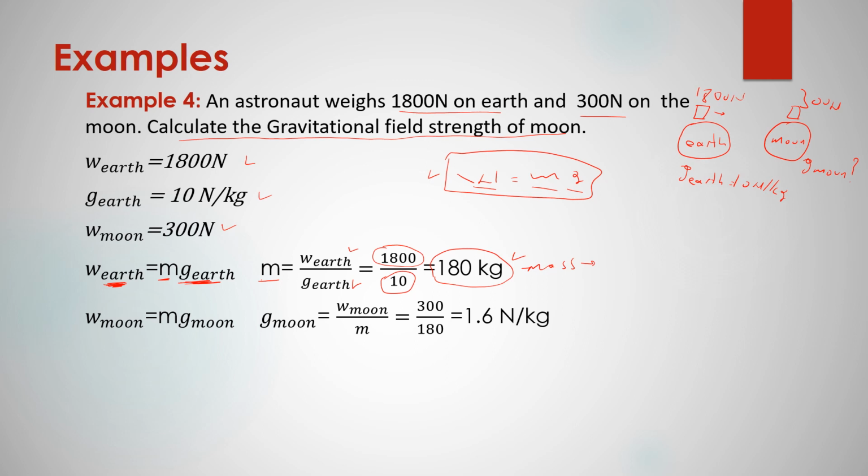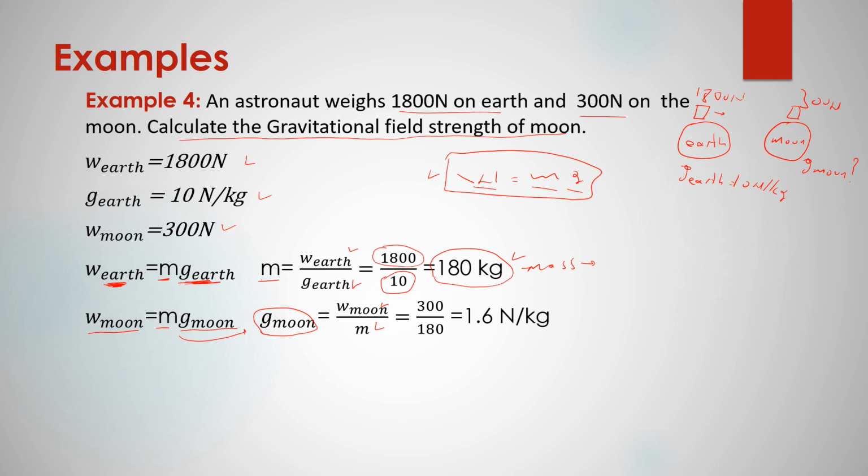So let's find for the moon. The weight of the object on the moon is equal to mass multiplied by the gravitational field strength of the moon. From the same formula, the gravitational field strength of the moon is equal to the weight of the object on the moon over mass.